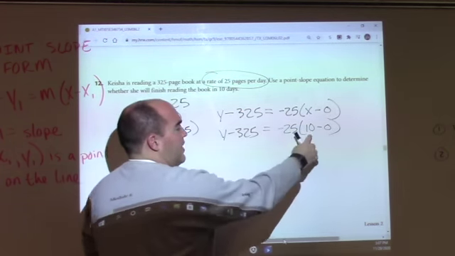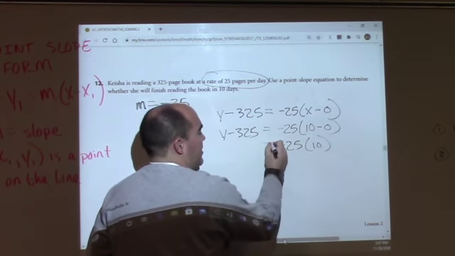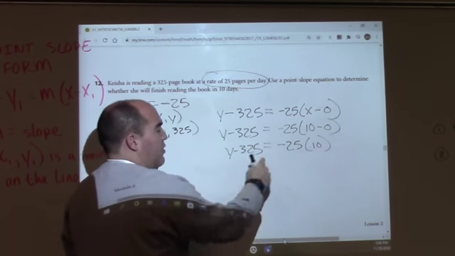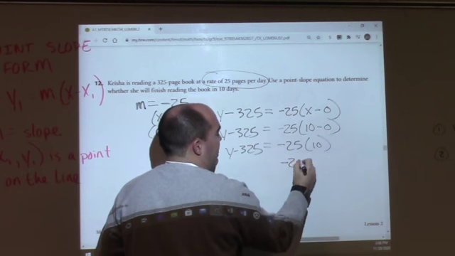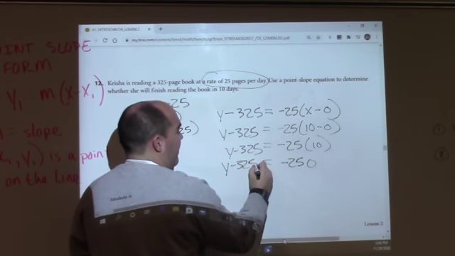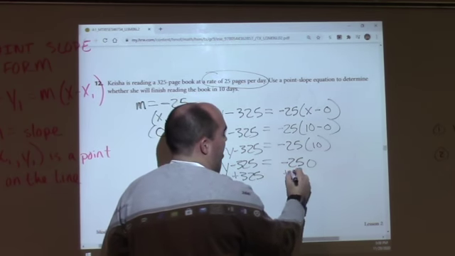So 10 minus 0 is just 10, so I have negative 25 times 10. Over here I have y minus 325. Negative 25 times 10 is negative 250. So I'm going to add the 325 so that I can get the y by itself.